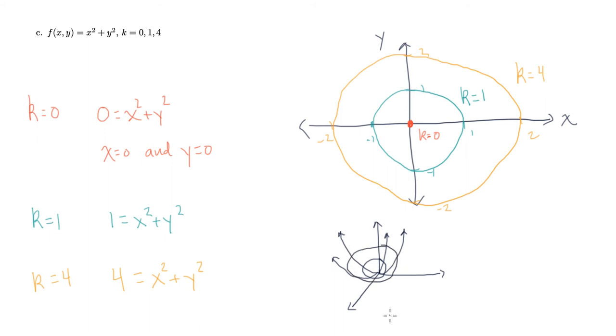So again, my drawing skills are not superb, but you can see that here's the middle of the bowl, and we're kind of going out like this. And these are just tracing out those curves where the bowl has a constant height going around in circles, like that.